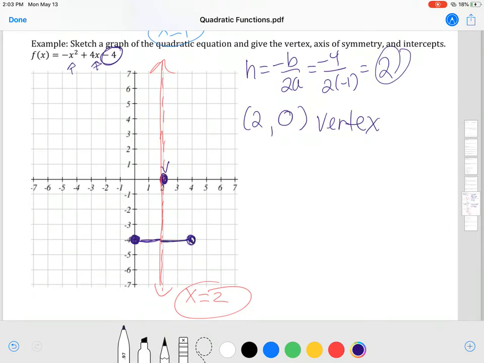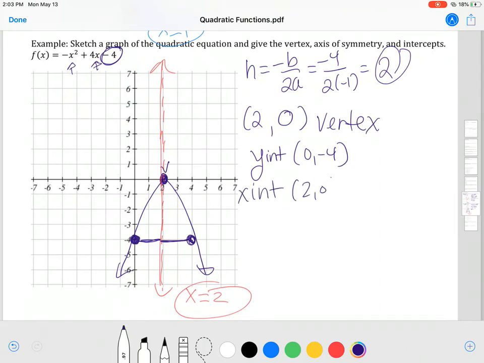So I should have the point on there for -4. And I can finish drawing my graph. So in this case, my y-intercept is 0, -4. I only have one x-intercept, which is the point 2, 0, which also happens to be my vertex in this case.